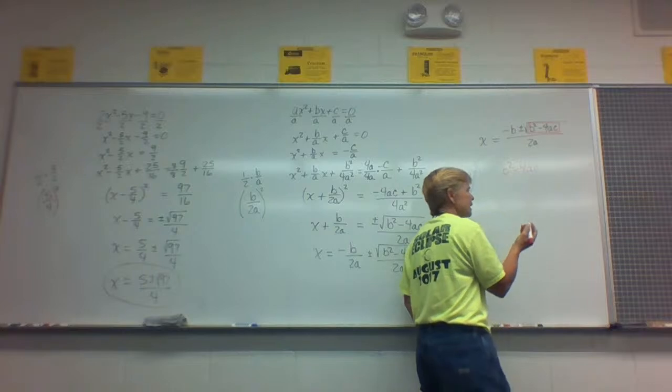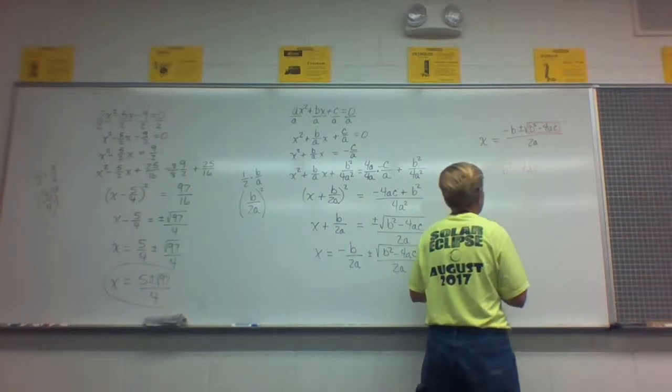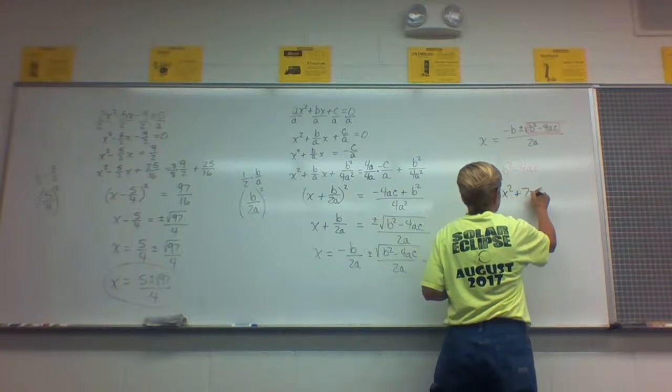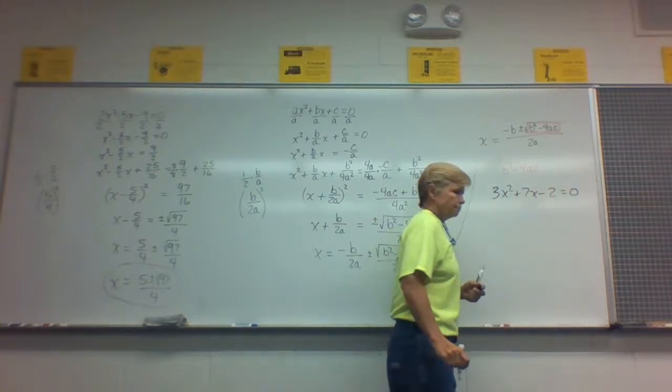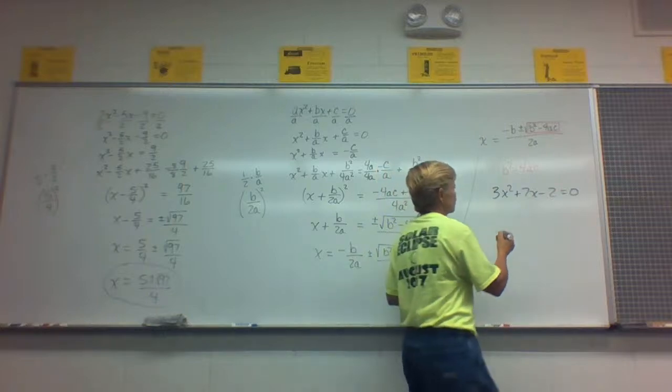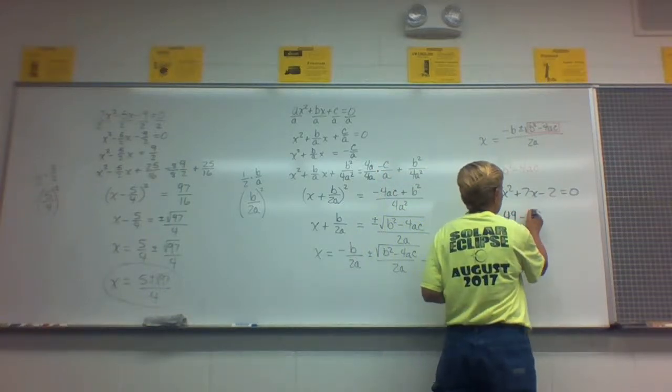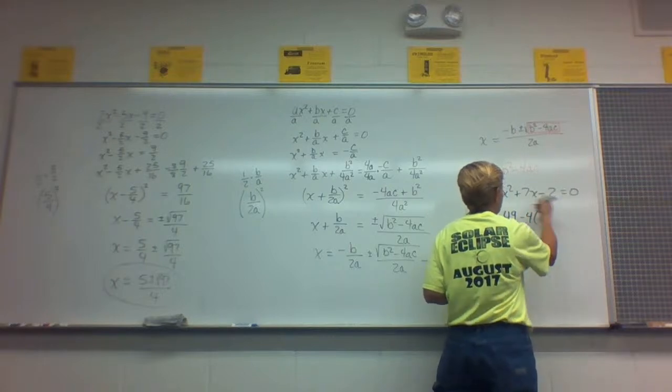So if I said how many and what type of solutions are there in this quadratic, all you would have to do is this: b squared minus 4AC.